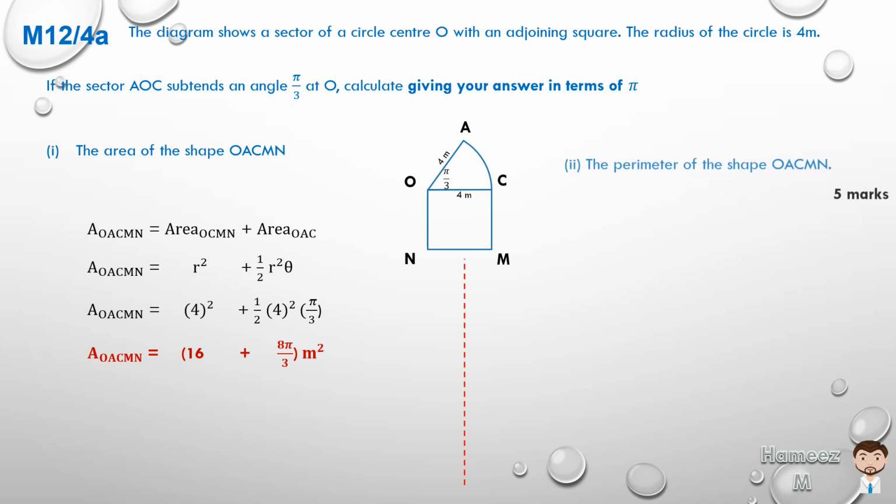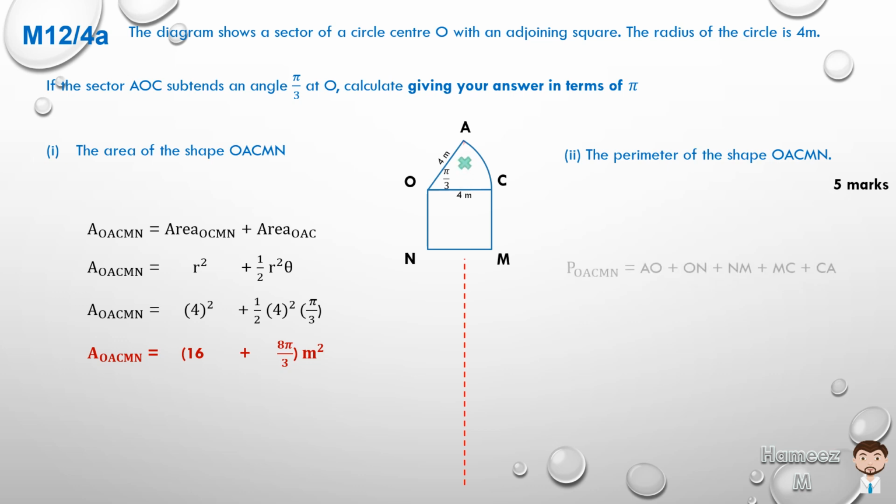And part 2, find the perimeter of the shape OACMN, the entire shape. So the perimeter of a compound shape would just be to add up all the sides. So the perimeter is equal to AO plus ON plus NM plus MC plus CA. So we're starting on top and moving to the left and going right around.